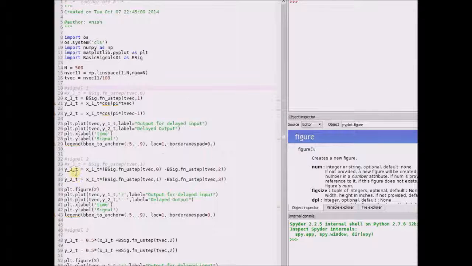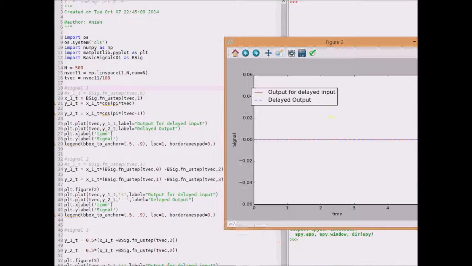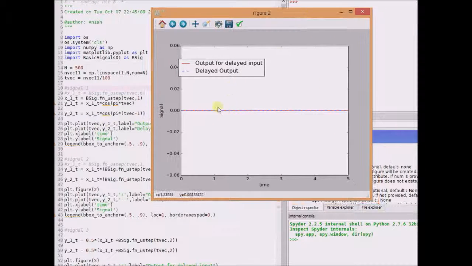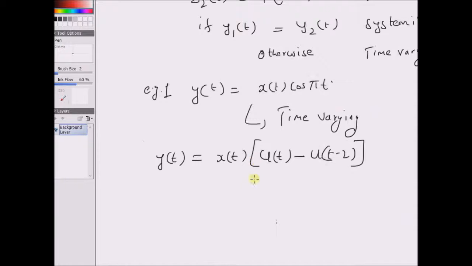Clearly y1 of t is equal to x1 of t multiplied by the difference of the unit step signals, and y2 of t is the similar signal, but with the time t delayed by 1 apart from the delay in the input. You can clearly see that both the outputs are the same, that is y1 of t is equal to y2 of t. Therefore, this system is time invariant.